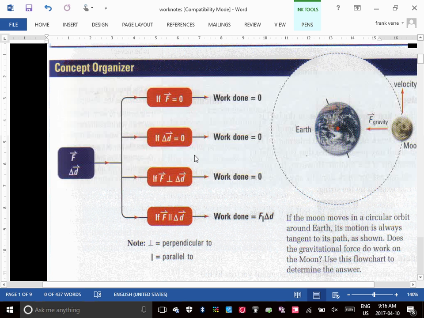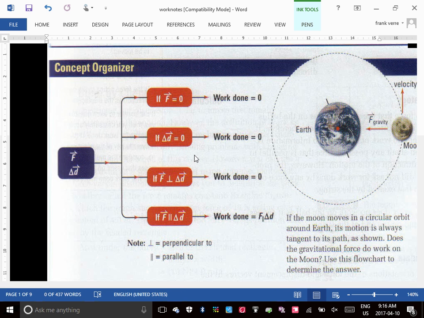If you look at this picture of the Earth and the Moon, why does the Moon orbit the Earth? Because of gravity. If you visualize the motion of the Moon around the Earth, it's circular.